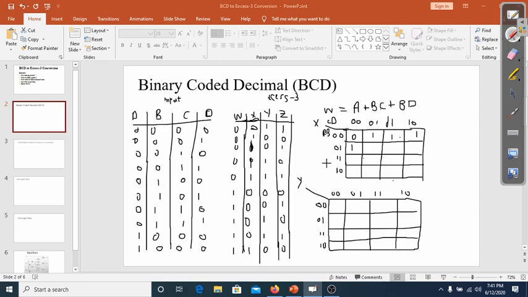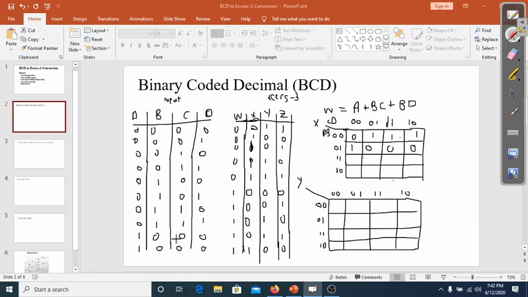0 1 0 1, in this case the output is 0. Next 0 1 1 0, the output is 0. 0 1 1 1, the output is 0.